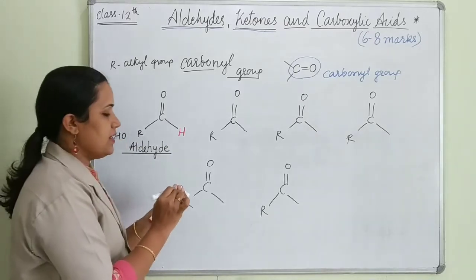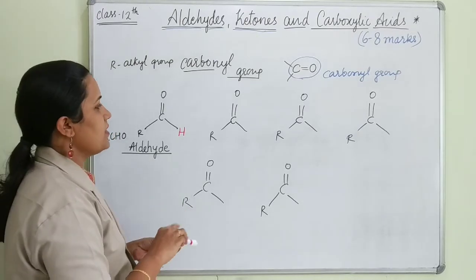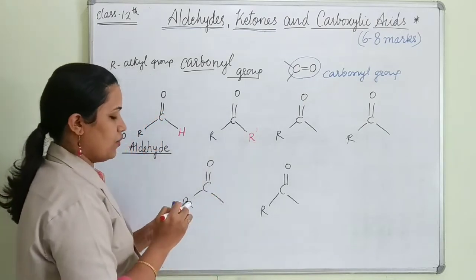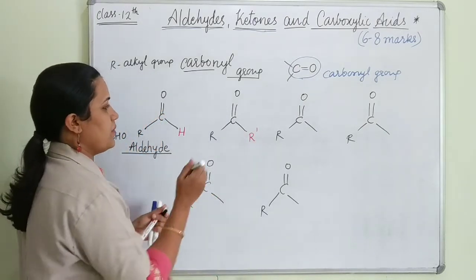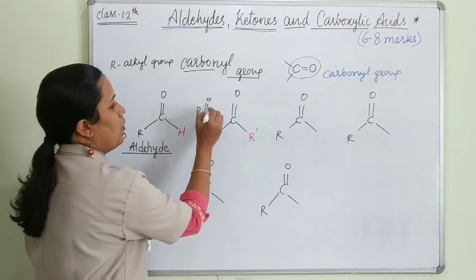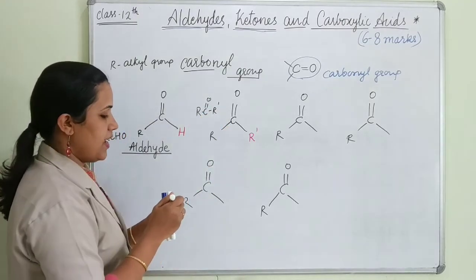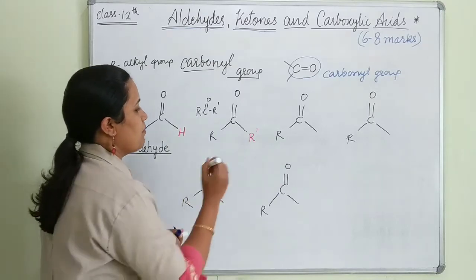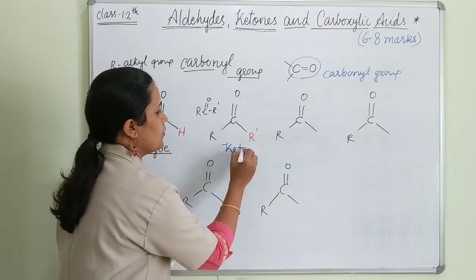In the second, in place of this H, if we have another alkyl group, the formula becomes RCOR'. R and R' can be the same or different. The name of this compound is ketone.